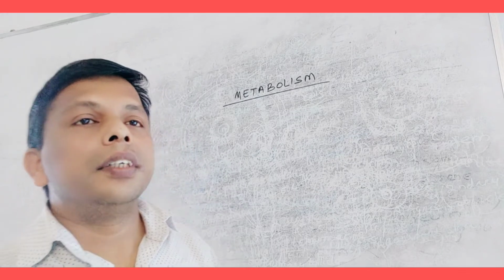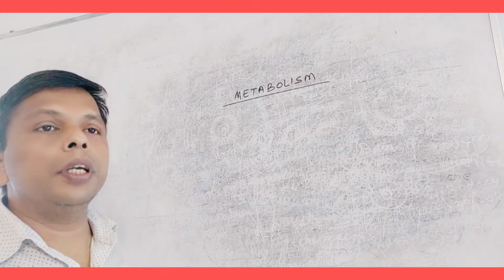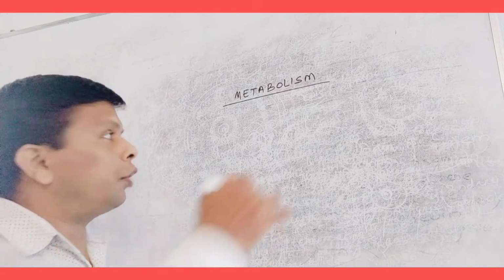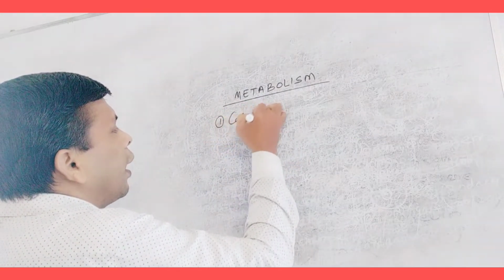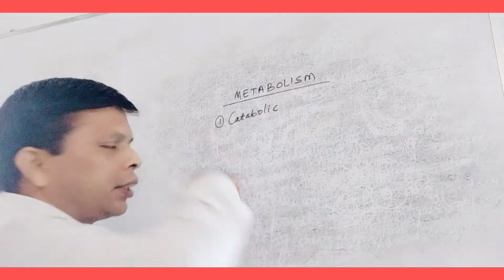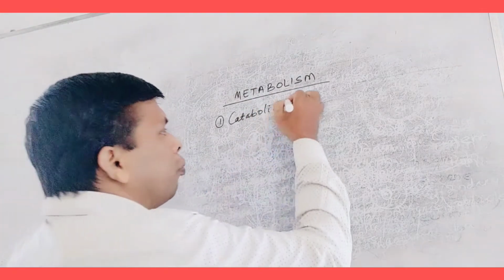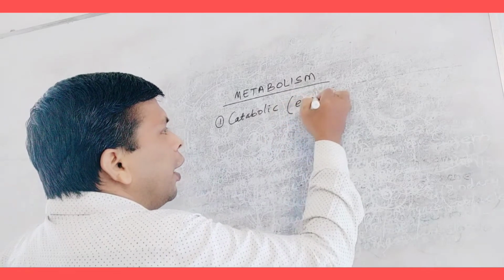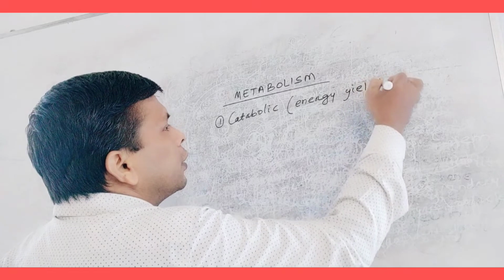Then, during the process of carrying out metabolism in our body, what happens? The first event is the catabolic effect. What happens in catabolism? Catabolism is an energy yielding process.